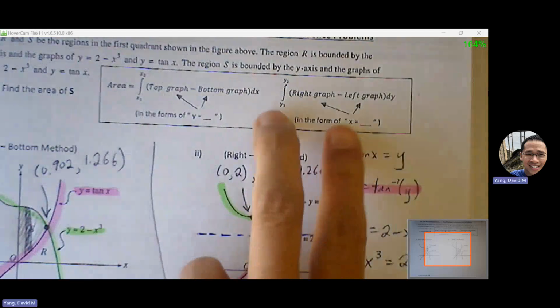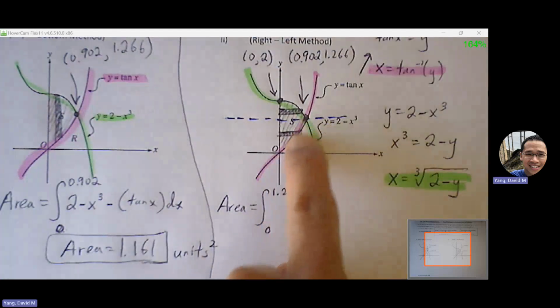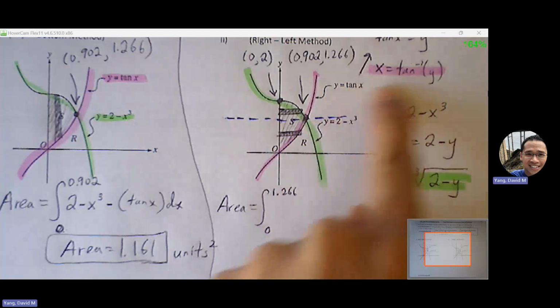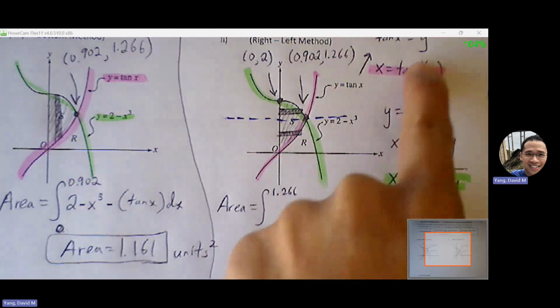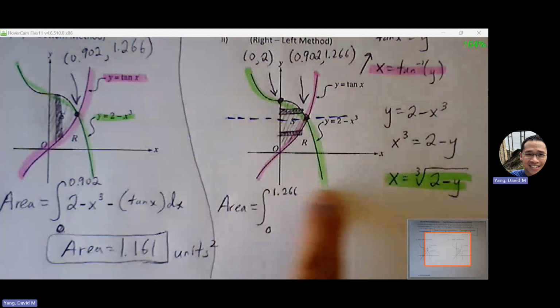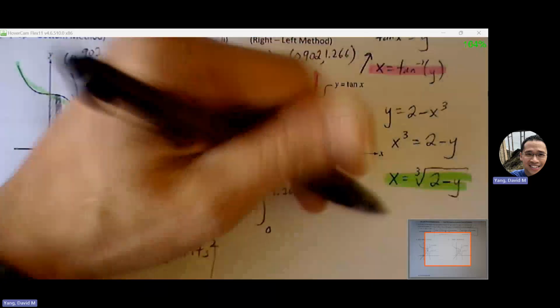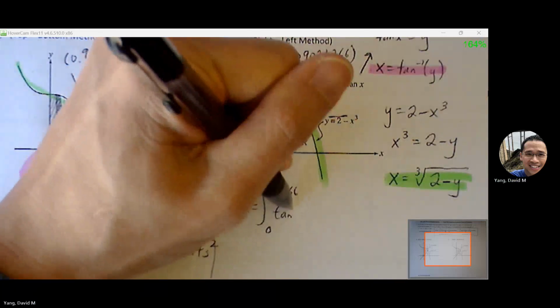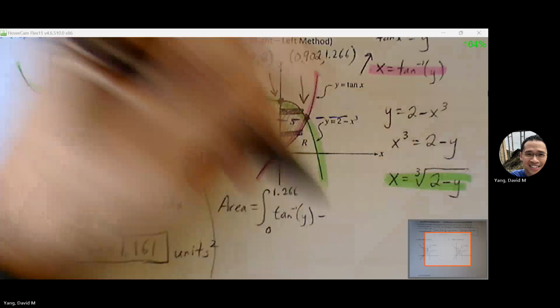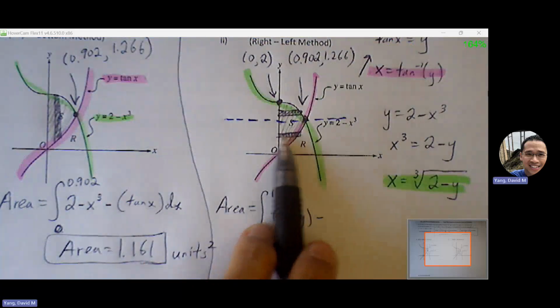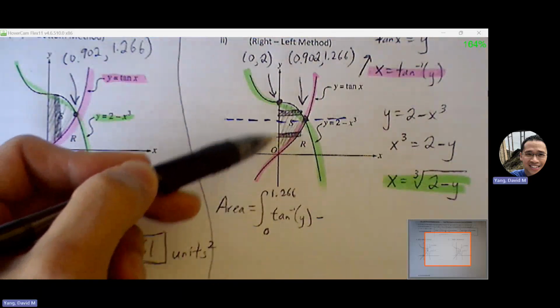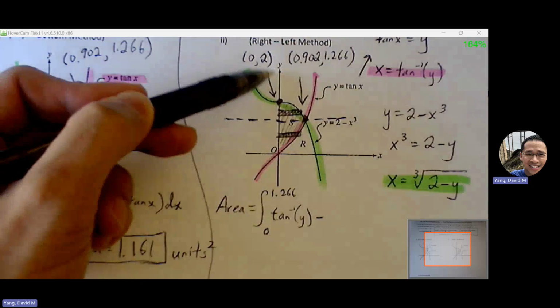And follow the formula here, right minus left. The graph on the right is the red graph, which we don't want to call tangent x, it's inverse tangent of y now. If we want to do right minus left, everything that shows up needs to be in terms of y. And then the left boundary of my shaded region is the y-axis.